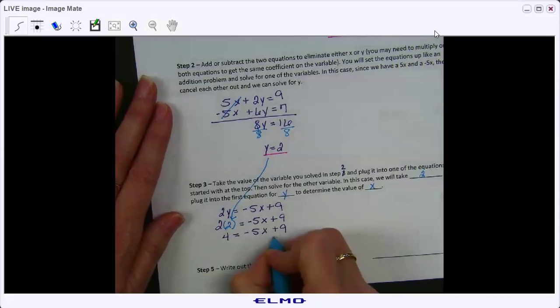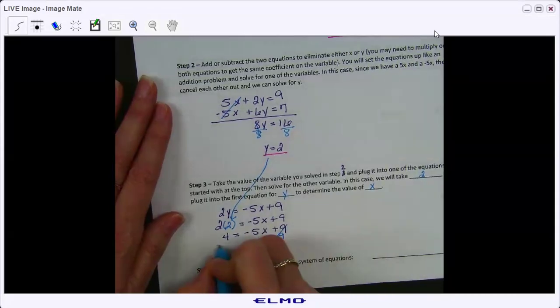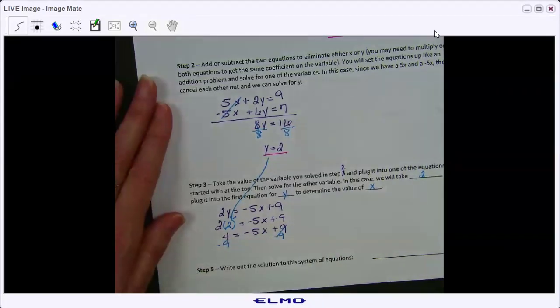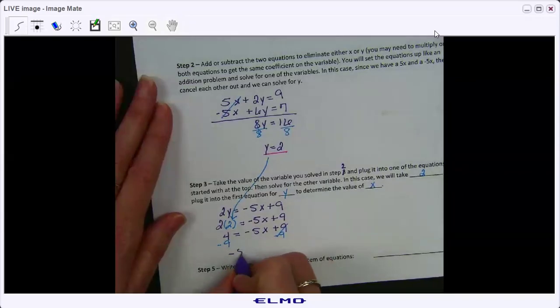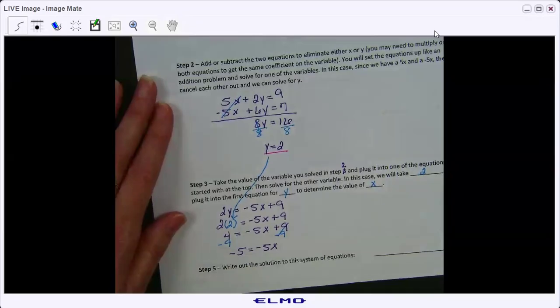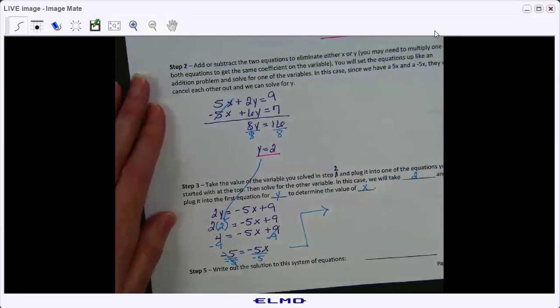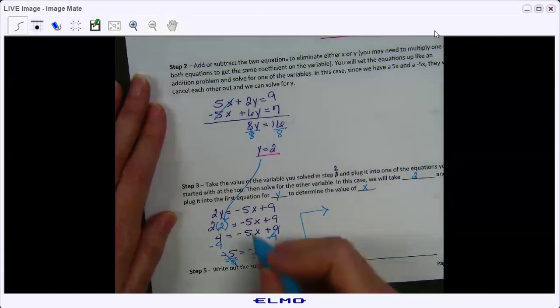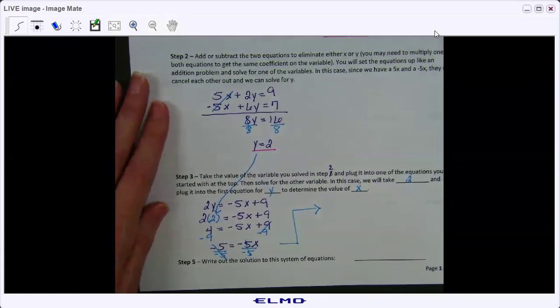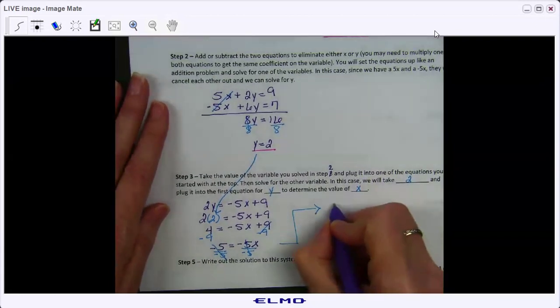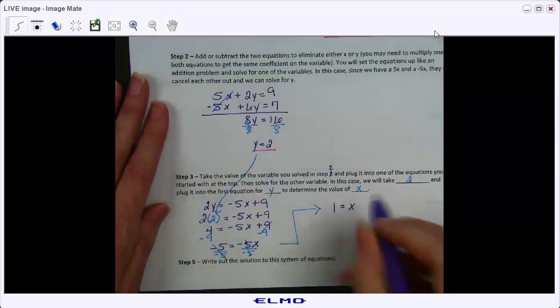I'm going to subtract 9 on both sides. And now I'm going to divide both sides by negative 5. Oops, I crossed out the wrong one. Positive 1 equals x.